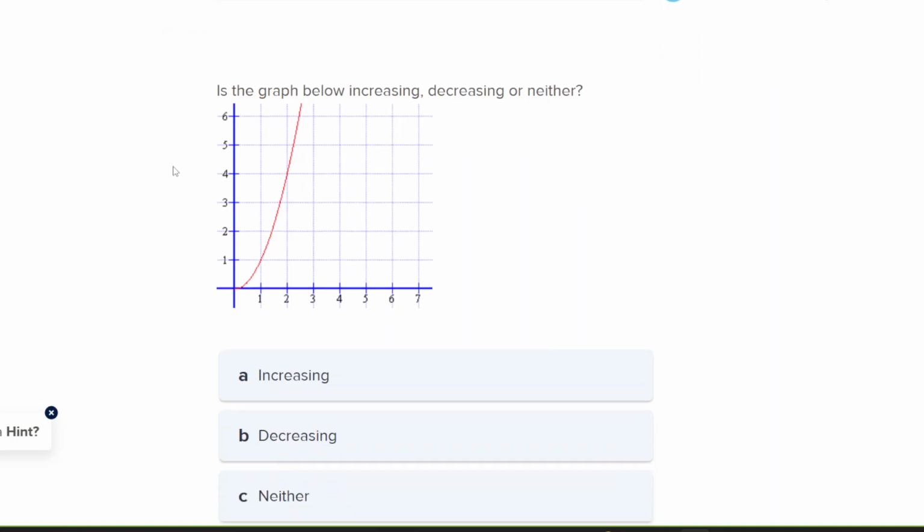All right, so in this first example, we're asked, is the graph below increasing, decreasing, or neither?